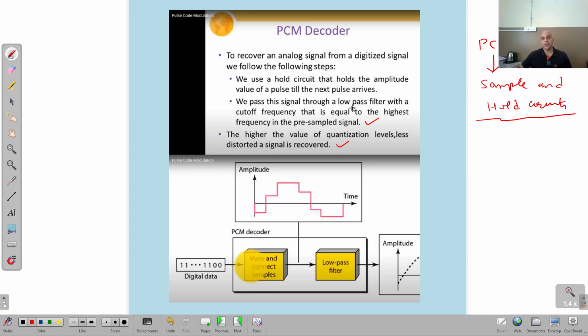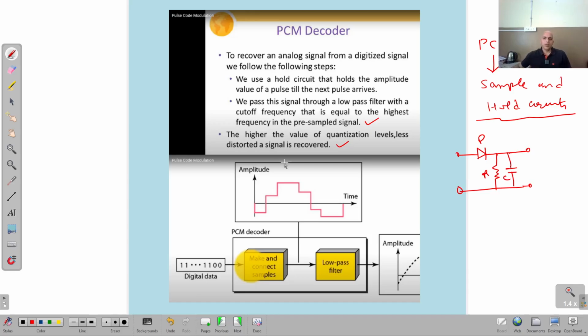In simple form, it is a combination of a PN junction diode, a resistor, and a capacitor. This is the simplest example of a sample and hold circuit. Otherwise, in reality, this entire circuit contains a lot of other elements also, but this is the working or functional unit of a sample and hold circuit.